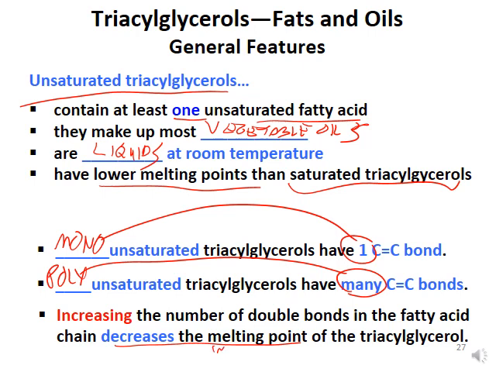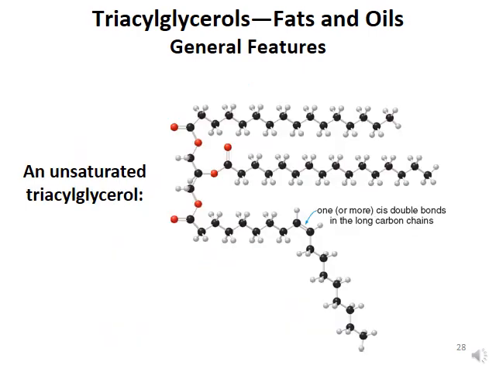Increases the kinking, which means lower IMFs, less intermolecular forces, which makes it even more liquid-like, easier to get into the liquid phase. And that's a picture of an unsaturated glycerol. Look at that. That's definitely sticking way out there, such that if there were more of them coming along, they wouldn't be able to lay next to and rub up against nearly as easily.